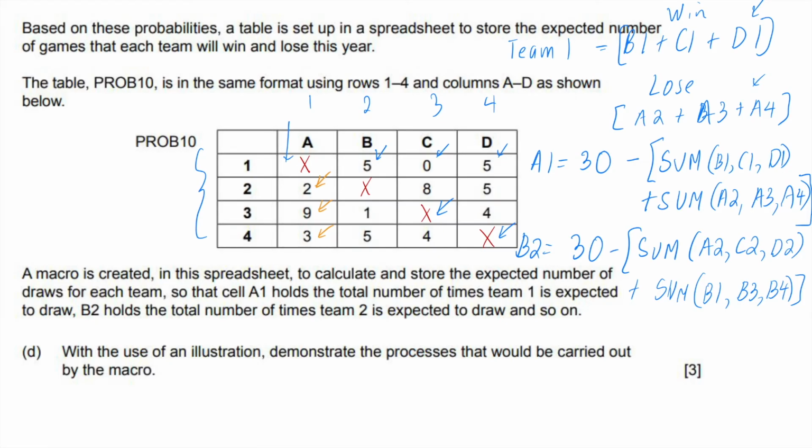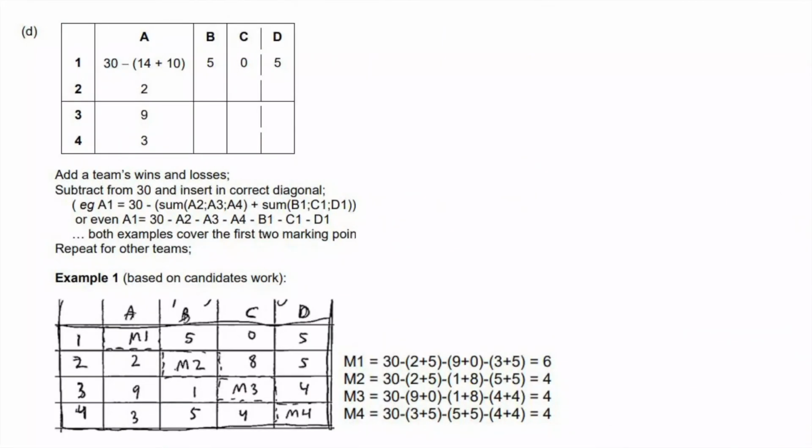And each one of these would be considered a macro. So this whole thing would be considered a macro. Again, we're not actually writing the macro itself, but that's kind of how it works in the IB exam. So if you look at our mark scheme right here, it says add a team's wins and losses, subtract from 30, insert in correct diagonal, and that's basically what we did right here.